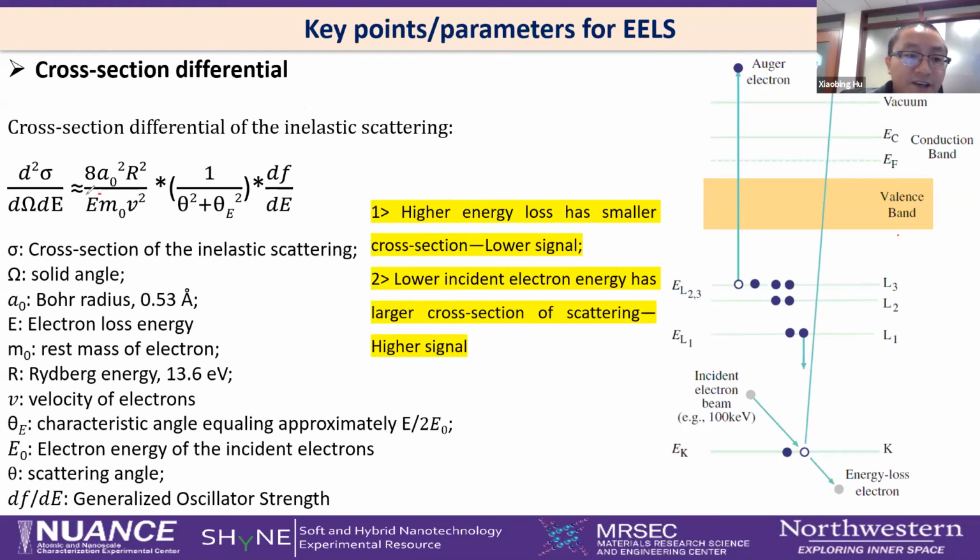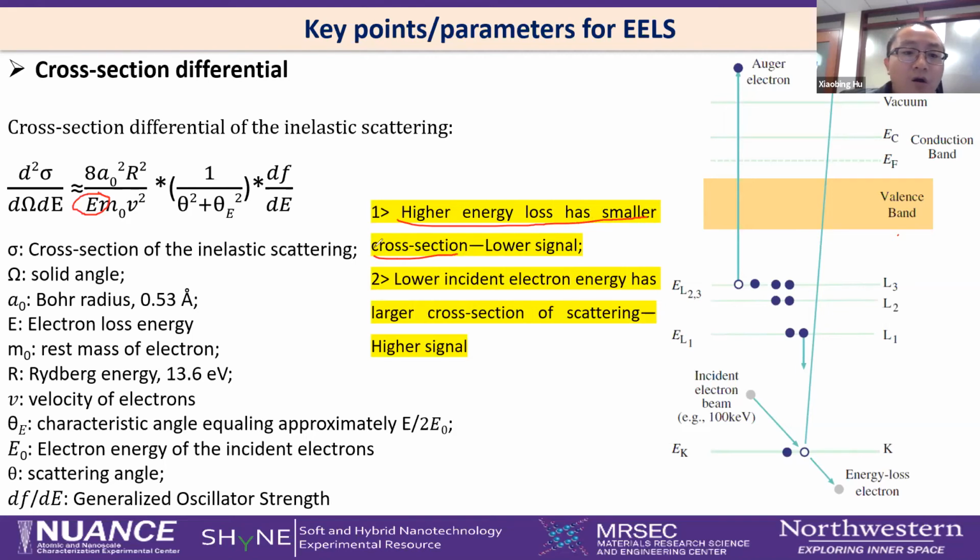Let's see this E. If this E is the energy loss and it is very large, then the differential cross-section should be very small. So high energy loss usually has a smaller cross-section and only a lower signal. That's why EELS is sensitive to light elements.